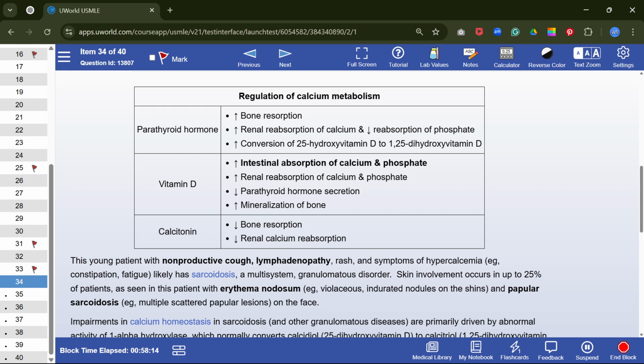Yes. What is the skin finding? Yes, and the face one. Okay, it's papular sarcoidosis written in the explanation.